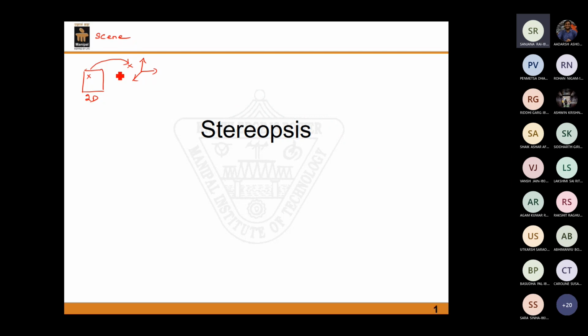Just try going through those lecture classes or the notes that you've taken once again and familiarize yourself with those concepts, because that will be used over here. What we'll be discussing here is how we can make use of all those concepts in order to find the corresponding 3D point which corresponds to each of the 2D points that we are considering in the image.